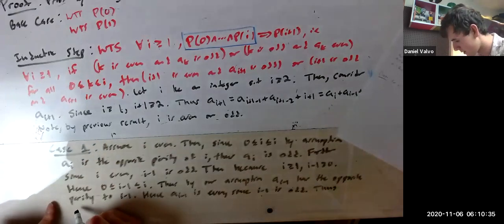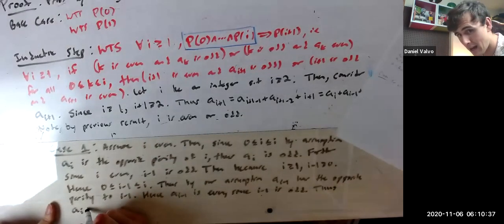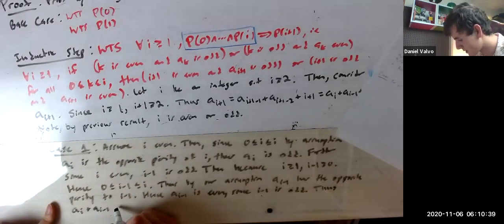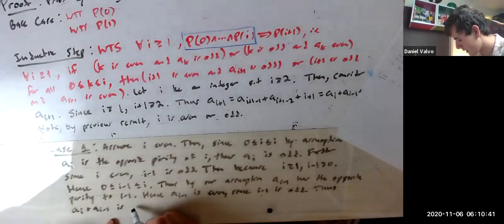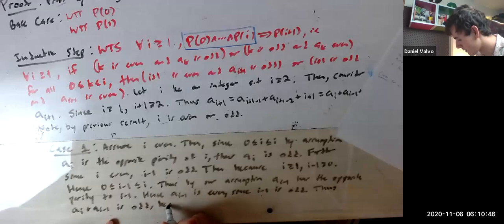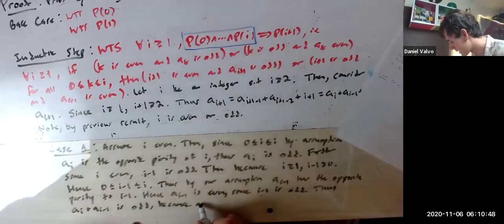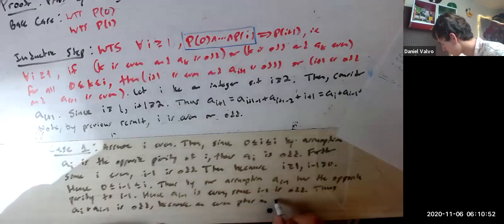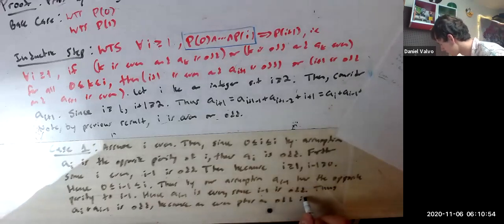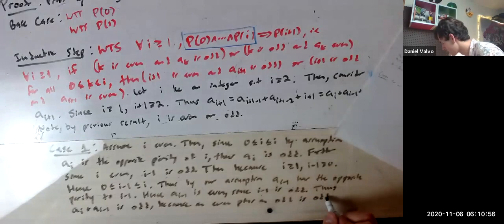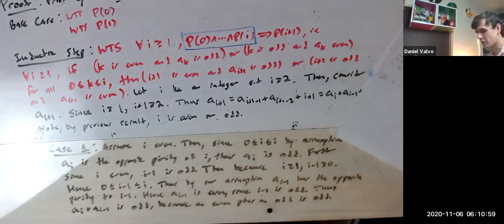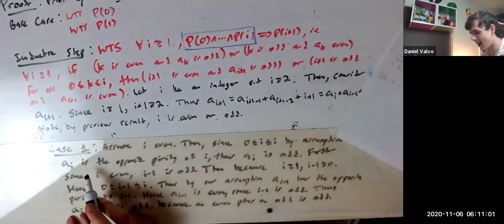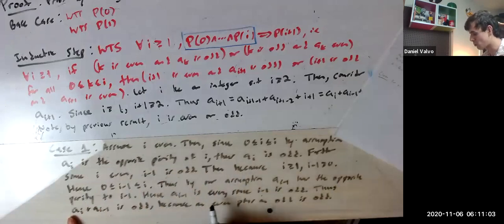Thus, a_i plus a_{i-1} is odd, because an even plus an odd is odd. So we've shown that if i is even, a_i will be odd, and a_{i-1} will be even. So a_i plus a_{i-1} is odd.